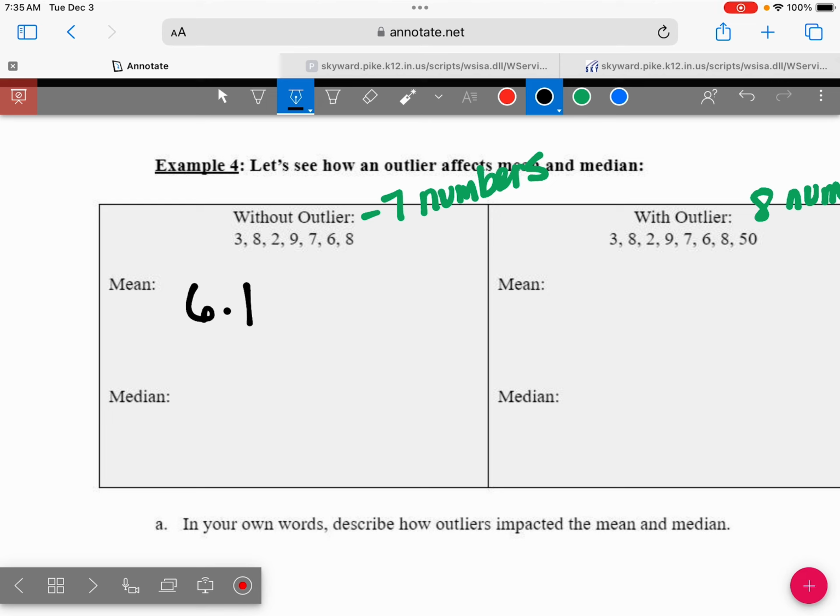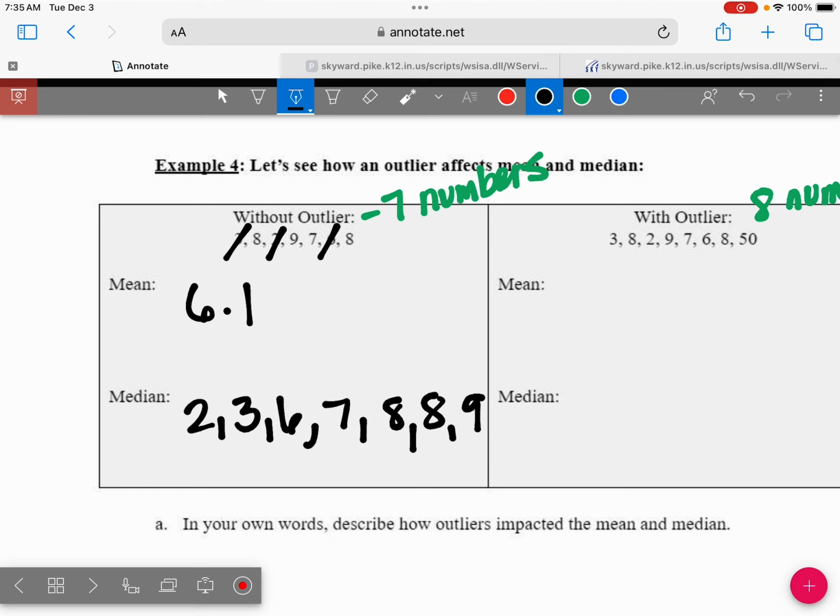All right, now let's put these numbers in order so we can find our median. So the smallest number in this list is 2. And then we got a 3. And what's next? 6, 7, and then 2 8s. Nope, I'm missing a number. Oh, and a 9.